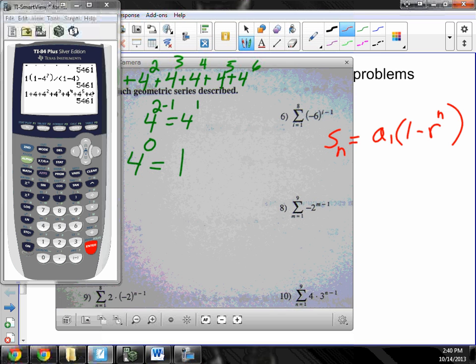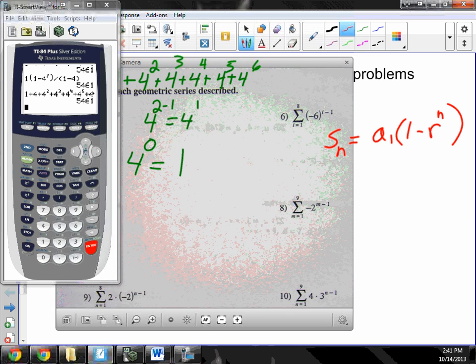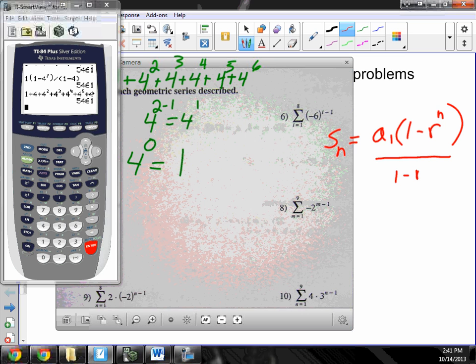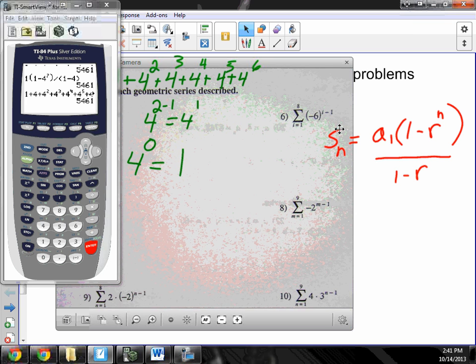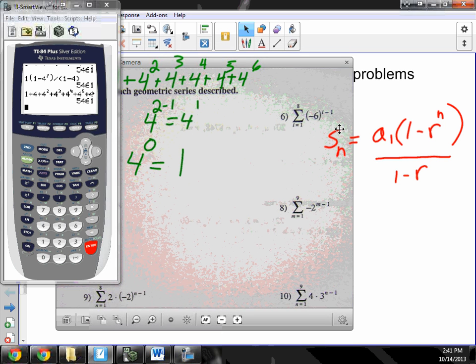The common ratio is that number that you multiply by over and over in the sequence, and then we divide that by 1 minus r. And that will calculate the sum for me. So I need to know the first term, and I need to know the common ratio and how many terms there are.